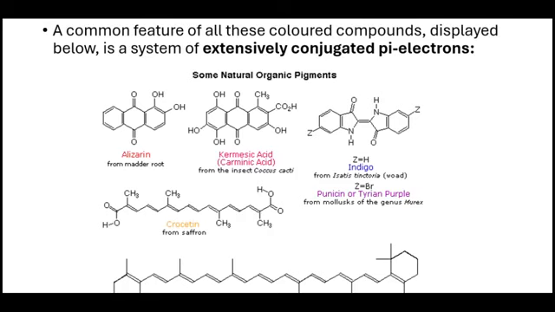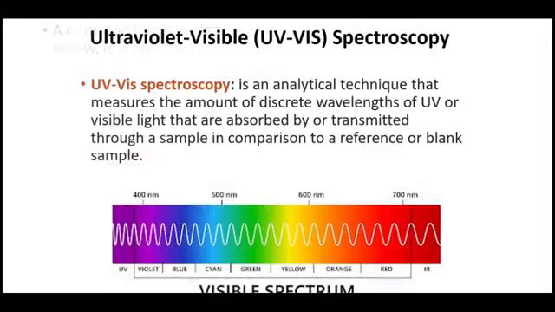Some natural organic pigments include alizarin, which is found in madder root, and carminic acid, which is found in cacti, indigo, and crocetin, which is found in saffron, and also carotene, which is found in carrots. These all have different pigments, and carotene has an orange color.